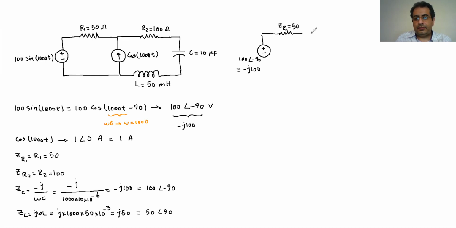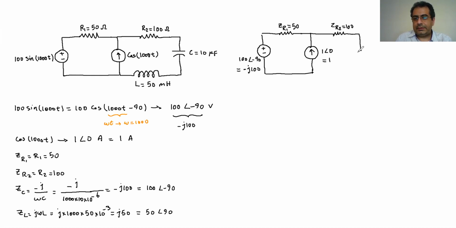And then we have this source here, which is just 1 with the angle of 0, or simply 1. Then we have the Z for R2, which is 100.